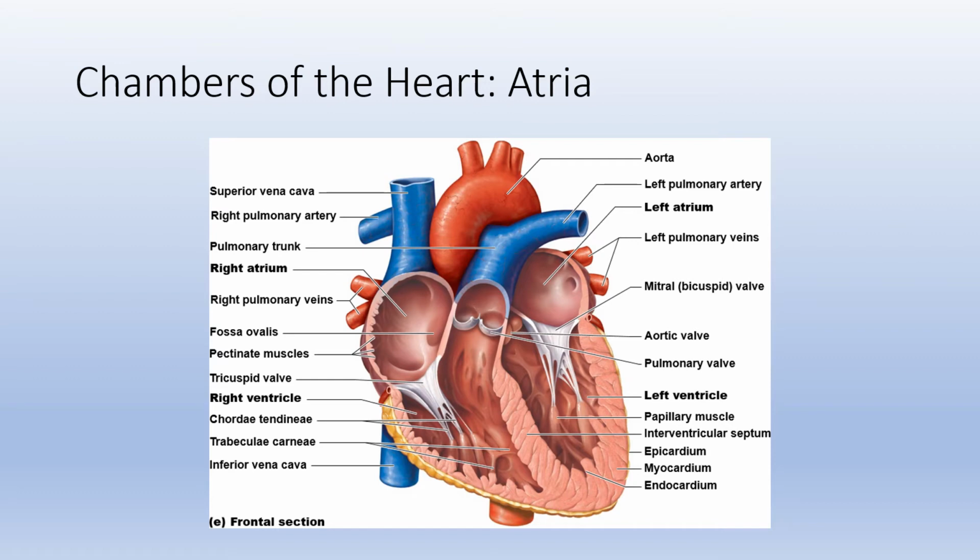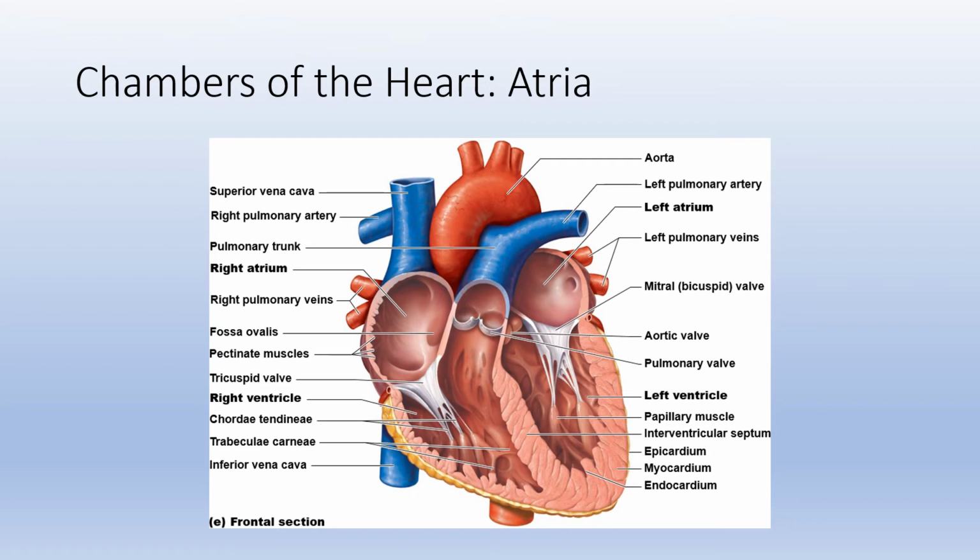And on the opposite side here, the right atrium also receives oxygen-poor blood from the inferior vena cava. The inferior vena cava collects oxygen-poor blood from structures inferior to the diaphragm. And the one vessel that also returns to the right atrium, not pictured here, is the coronary sinus.